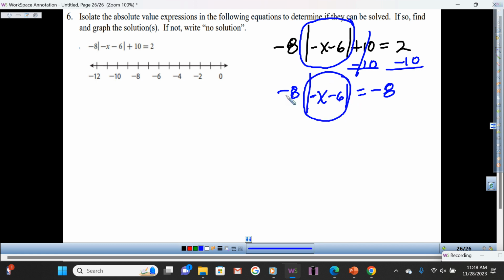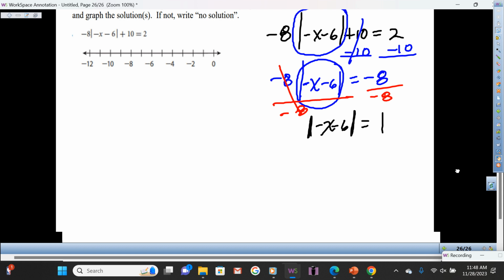No, there's something outside, which is the negative 8. So if the negative 8 is multiplying, how do we get rid of it? Divide by negative 8. That leaves us with the absolute value of negative x minus 6 equals 1.